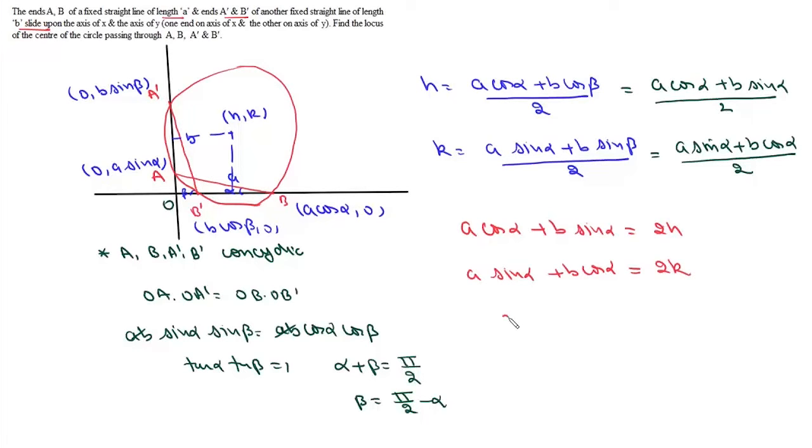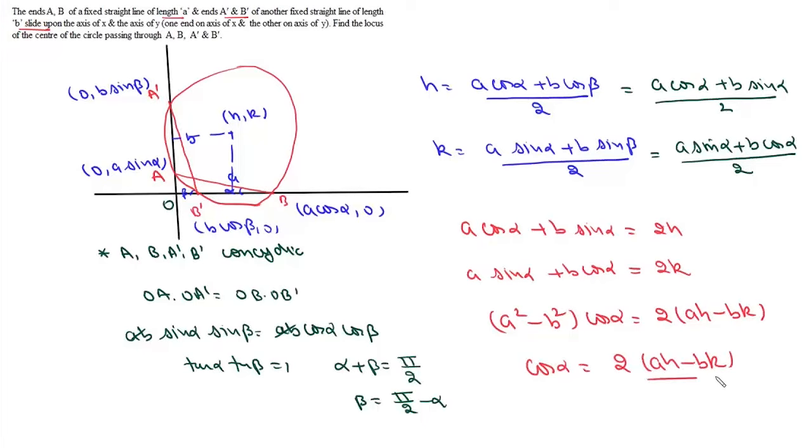So we'll get A square minus B square cos alpha will be 2AH minus BK, or simply cos alpha is 2 times AH minus BK upon A square minus B square.